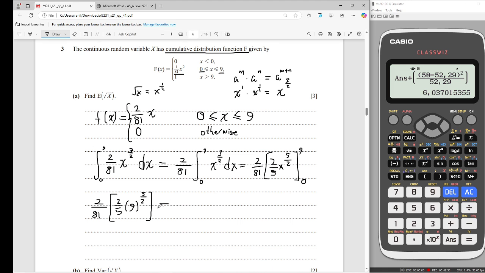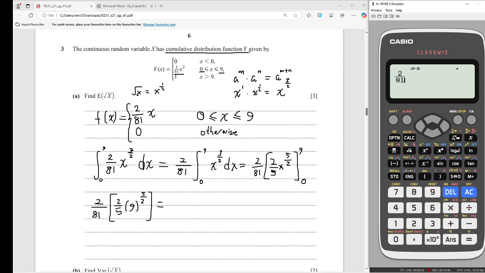So calculating this, we can get 2 by 81. Let's just plug this in the calculator. So 2 by 81 times 2 by 5 multiplied by 9 to the power 5 over 2, close bracket, we get 12 over 5.